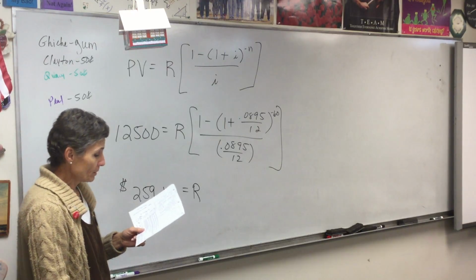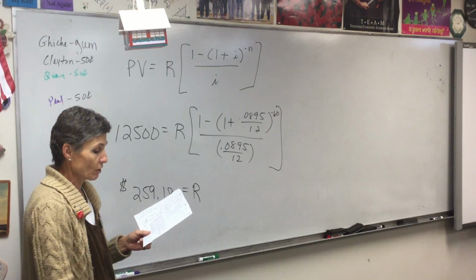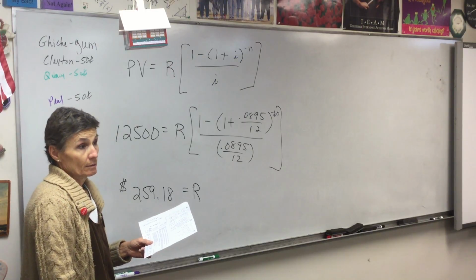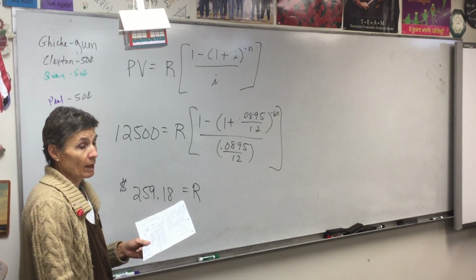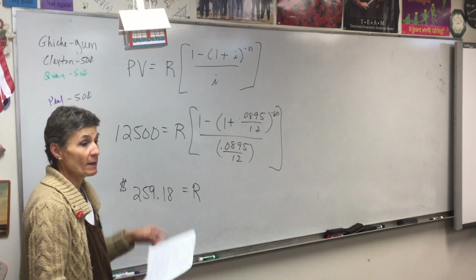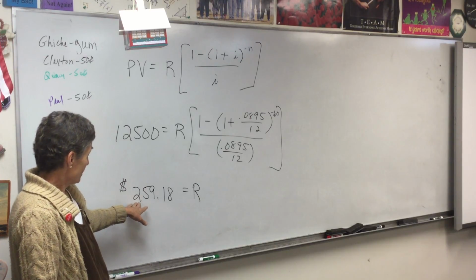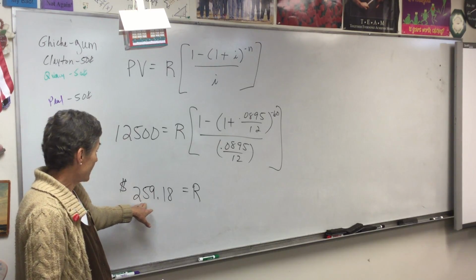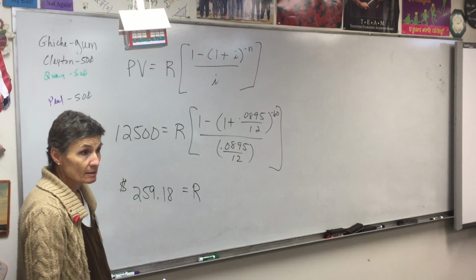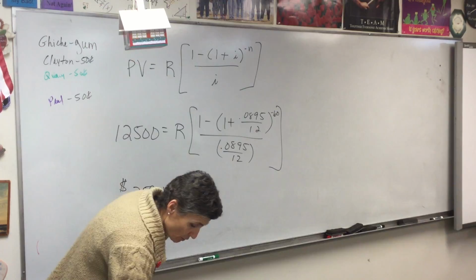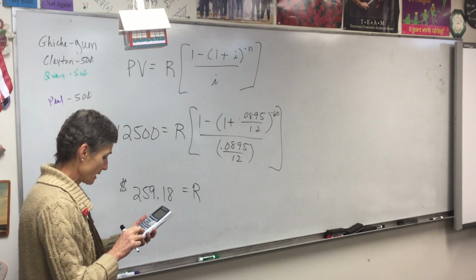Now, if you put down $3,000, how much will you ultimately pay for the car in total? No, how much will you pay altogether? You've already paid $3,000, and now you're gonna pay $259.18. How many times? 60 times. So 259.18 times 60.